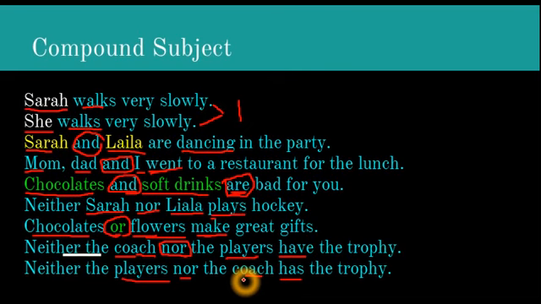When a singular subject and a plural subject are joined by or or nor, the verb must agree with the subject closer to it. Now in this sentence, the closer subject is coach. So has is a singular verb and we are using has because it's agreeing with the closer subject, coach. But in the first sentence, we are using have because the closer subject is players and players is a plural subject.